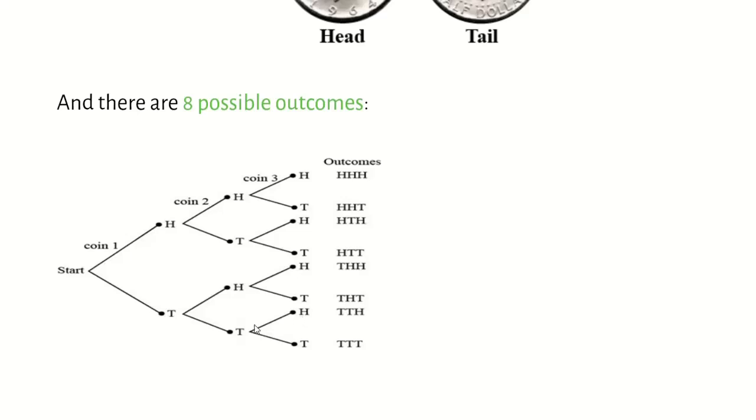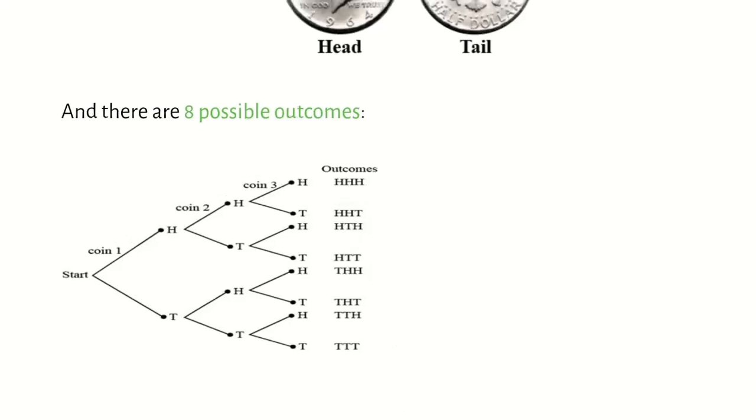Or we may only have tails. No head is displayed on any of these 3 coins, so in this case we get tail, tail, tail. If you count these possible outcomes: 1, 2, 3, 4, 5, 6, 7, 8 outcomes.